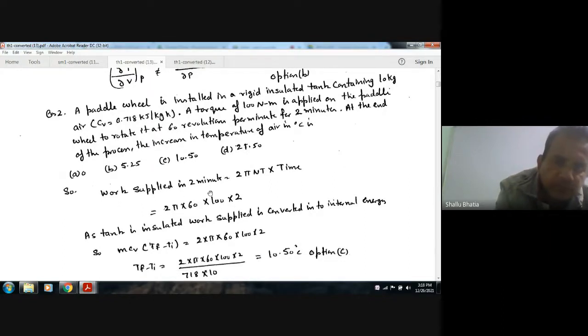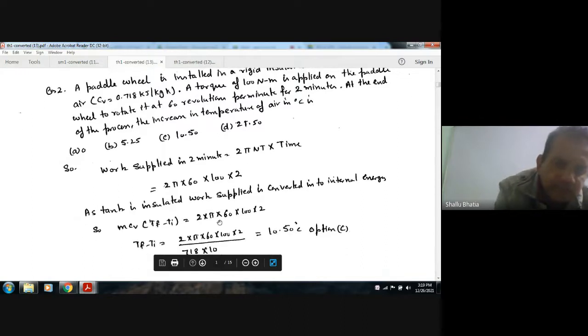Now this work will increase the internal energy of the air in the tank, because the tank is insulated, so heat is not transferred from it. So the internal energy of the substance, that is air, will increase. This is the energy input, and this is the increase in energy of the system.